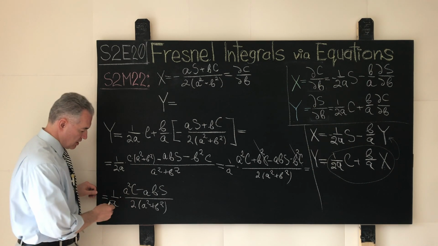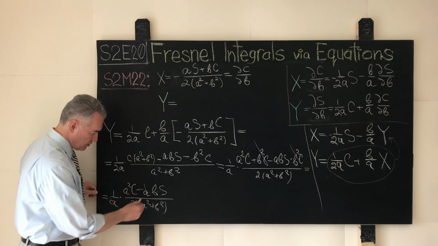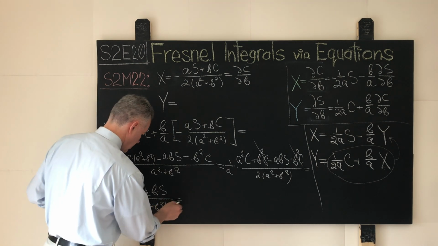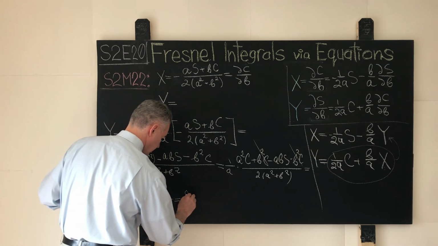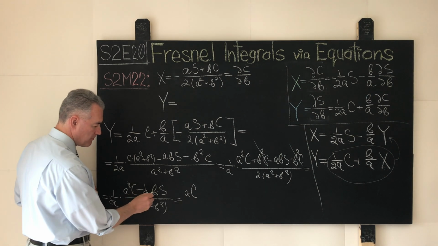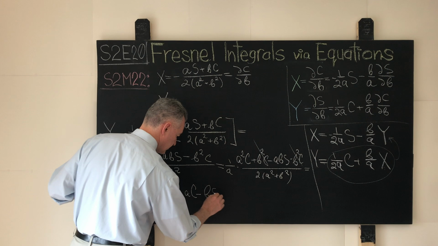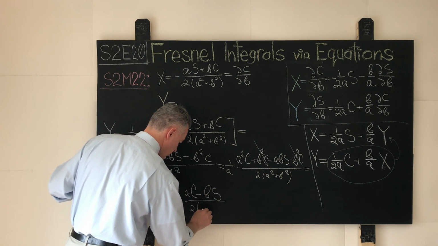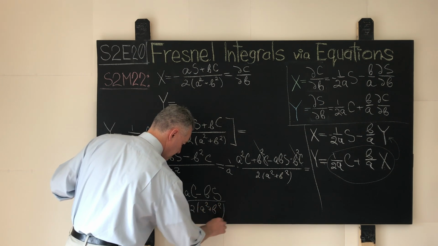It's getting crowded. 1 copy of a in the denominator, 1 copy of a over here, 1 copy of a over here. What is left? What is left standing is this, a times c minus b times s, over 2 times a squared plus b squared.